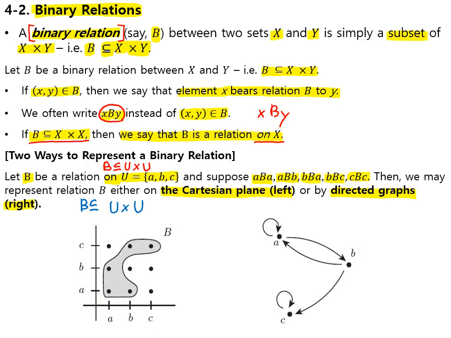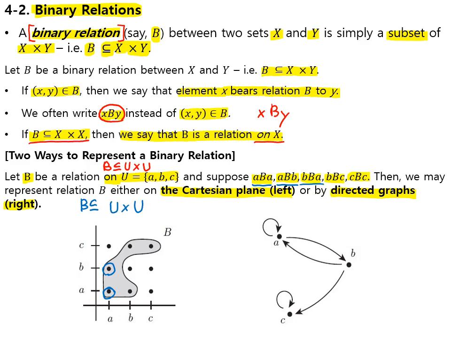And we can see here that the fact that A is related to A represents this dot over here. A is related to A in this binary relation. The fact that A is related to B, according to binary relation B, is represented by this dot here, inside this shaded region.